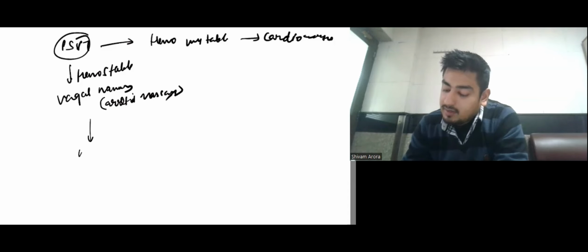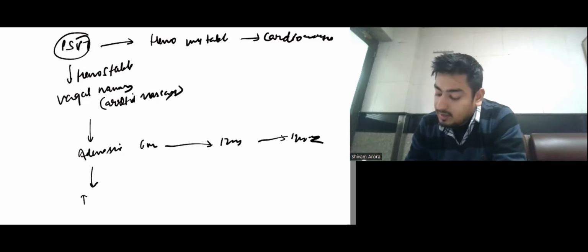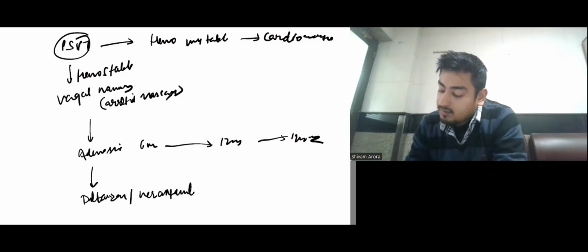If not controlled, we give adenosine, 6 mg initially, then 12 mg, then 12 mg. If not controlled, then we give diltiazem or verapamil, which are calcium channel blockers. If not controlled, then we have to go for radiofrequency ablation.